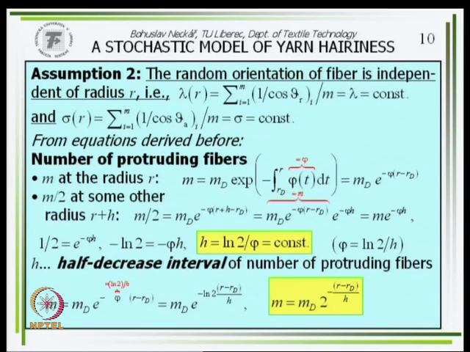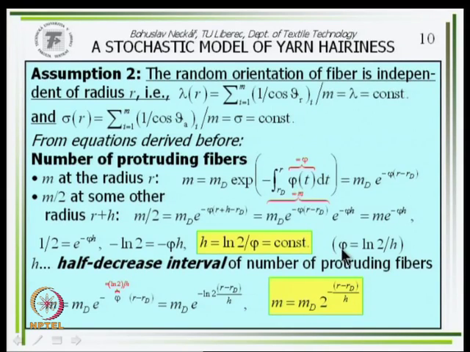Every time I jump from some radius r to the value r plus h, the number of protruding fibers decreases to 1/2. A similar situation is in nuclear physics. You know the half time, or how it is in English. Half decrease interval. Using, in place of phi, logarithm 2 by h, after small rearranging, we obtain that the number of protruding fibers is the starting number m times 2 to the power of minus (r minus rd) by h.